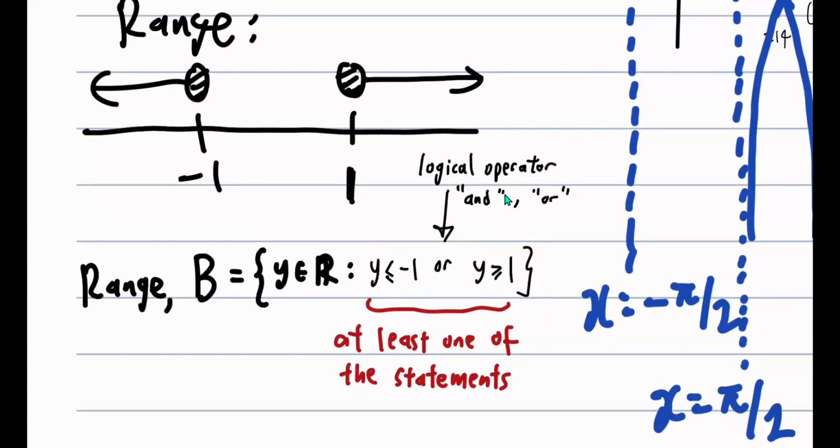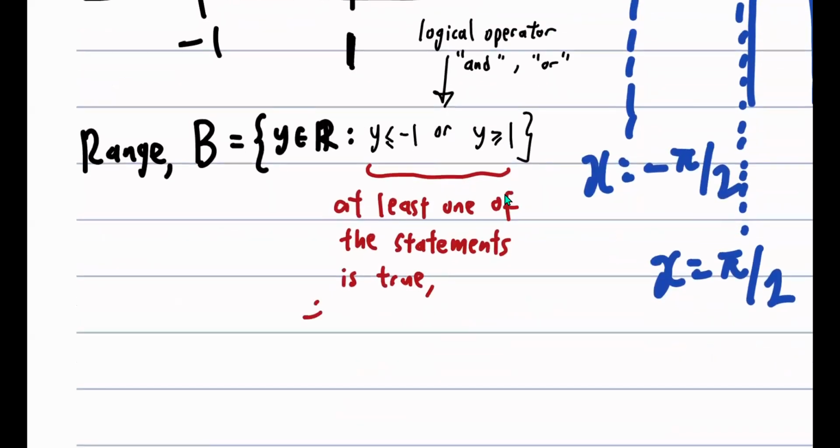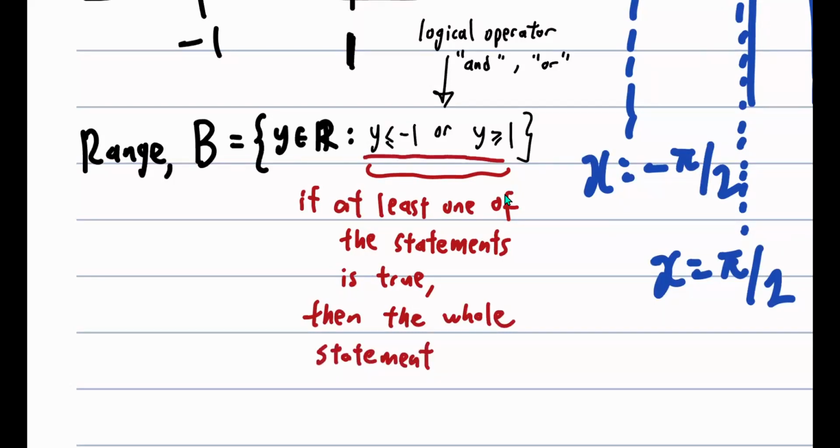If at least one of these is true, then the whole thing is true. The whole statement being y less than or equal to -1 or y more than or equal to 1. The whole statement is referring to the whole thing here. It's true.